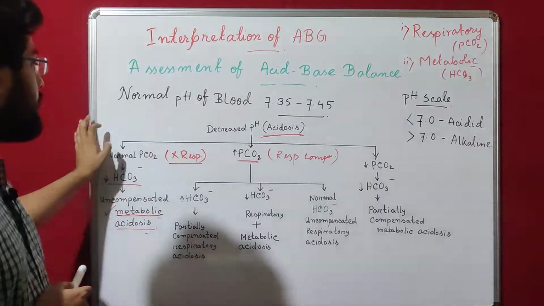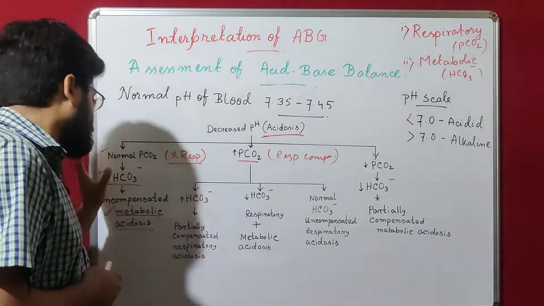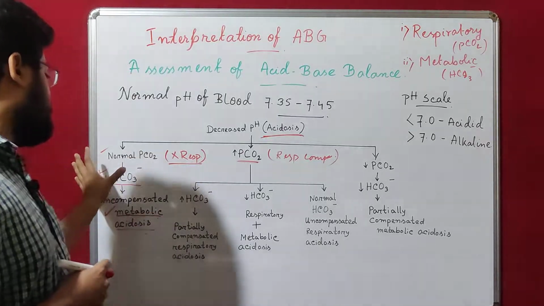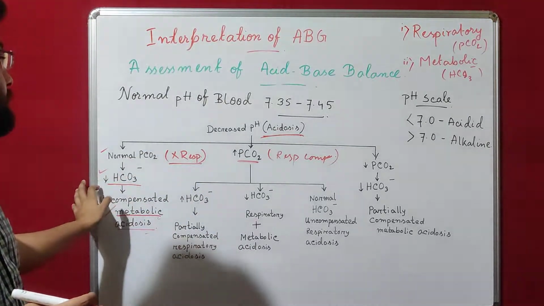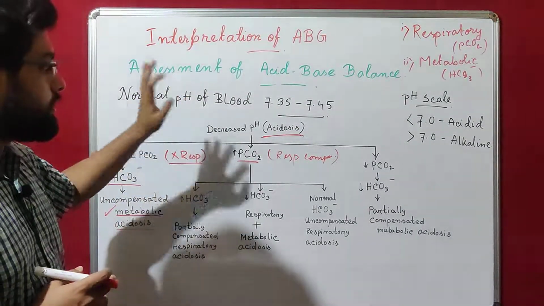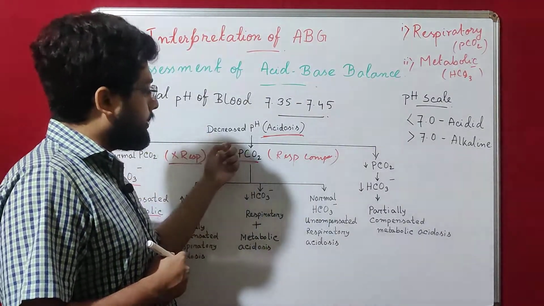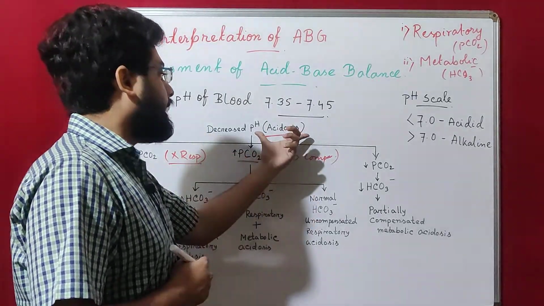Here, PCO2 was not causing the acidosis, so the concentration of bicarbonate ion could only be decreased, because only thus can the acidosis occur. But in this case, what is happening? The PCO2 level is increased, so we already have the component which is causing the acidosis.